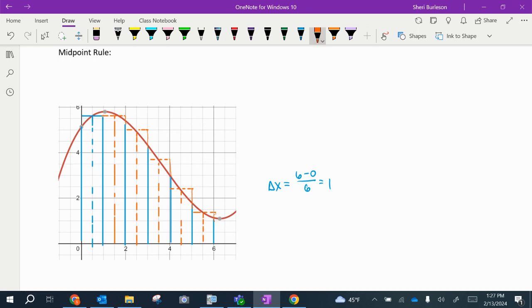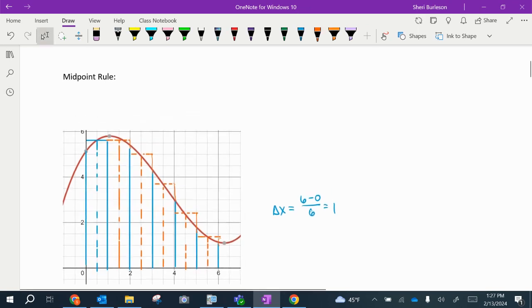looks something like that. So my midpoint rule then is going to be that the integral from a to b of f of x dx is going to be approximated by each of these. The width is delta x. And now the height is at the midpoint. So I'm going to take delta x.